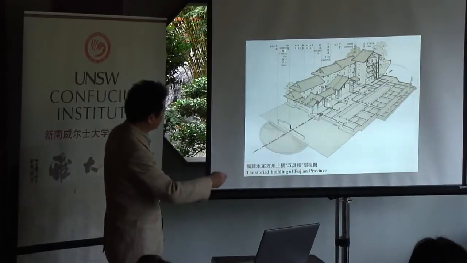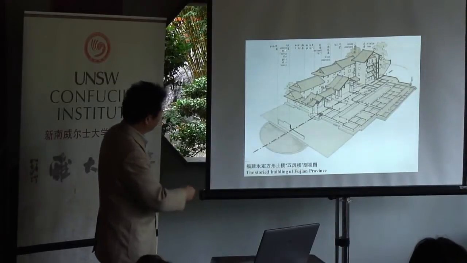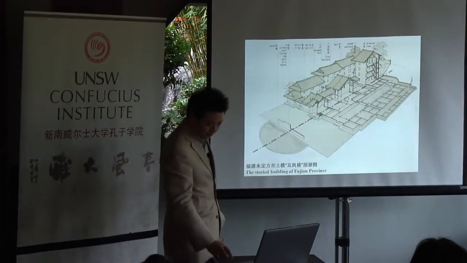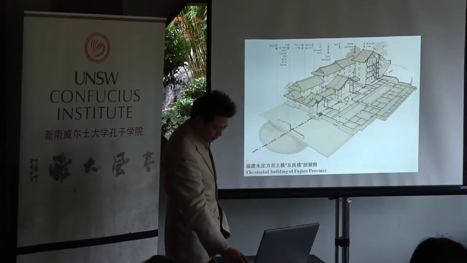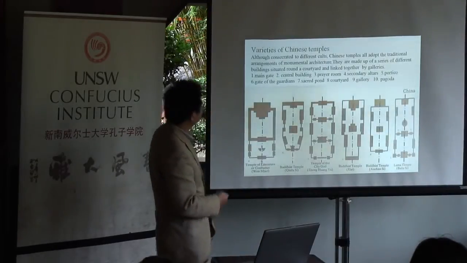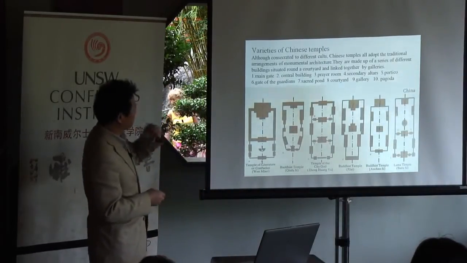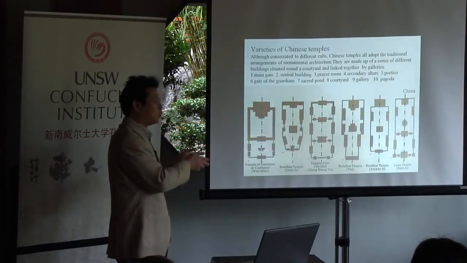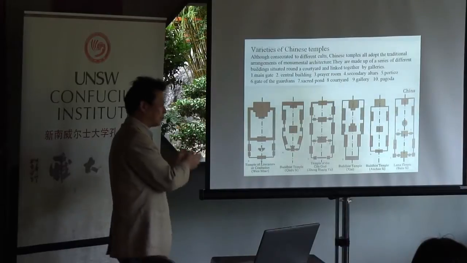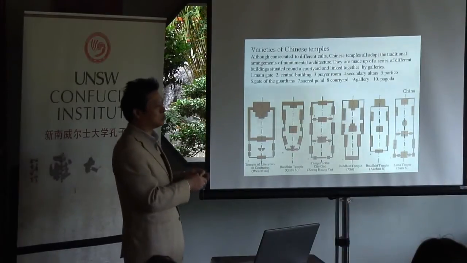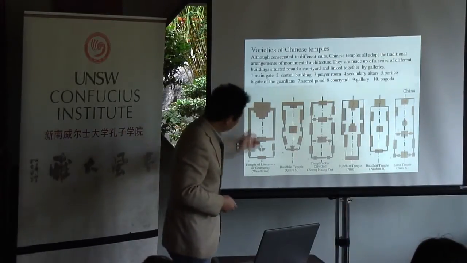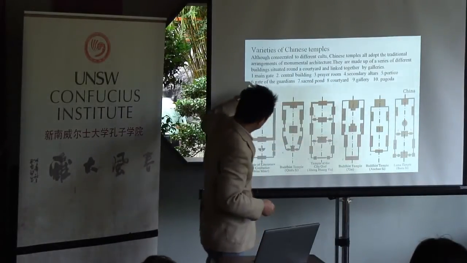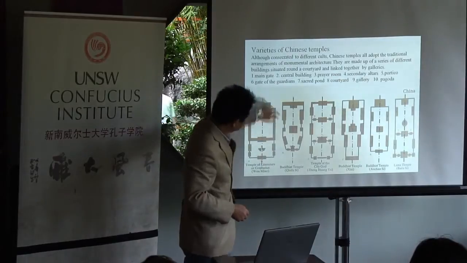It always uses the axis from the north to south. A variety of Chinese temples of different religions, such as Taoist, Confucian and Buddhist, also use this same master plan and always the axis.